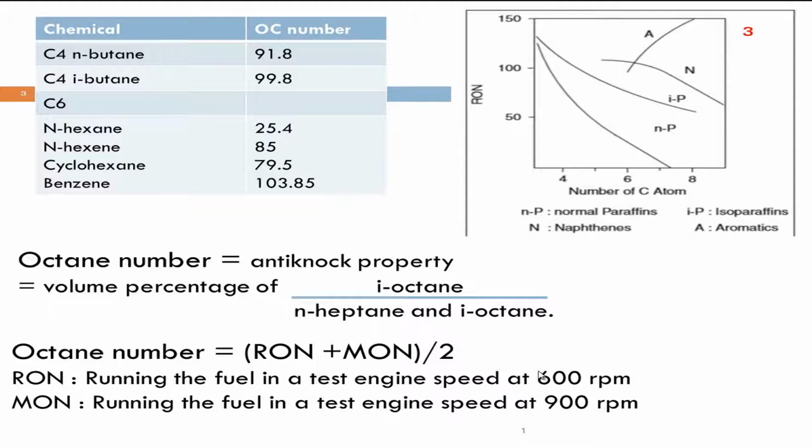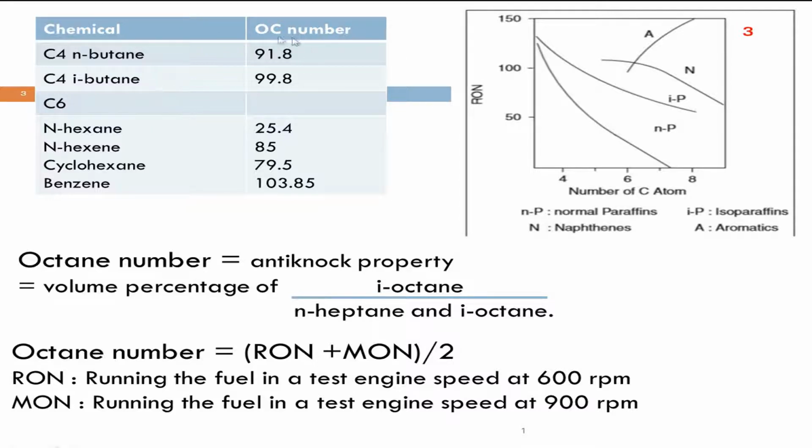According to that, when we look at different chemicals, this table lists the octane number regarding the carbon content of C4 and C6. You can see that in this case we're choosing C4, normal butane and isobutane.